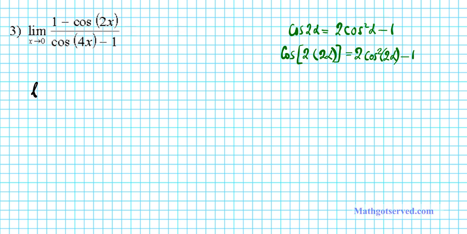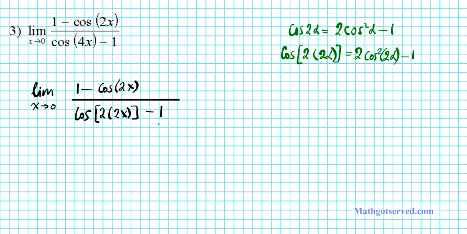So we have the limit as x approaches 0 of 1 minus cosine 2x, divided by cosine 2 times 2x minus 1. Let's apply the double angle identity to the denominator.